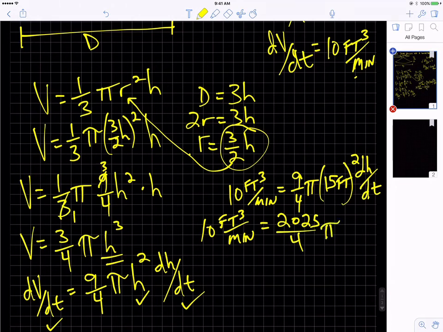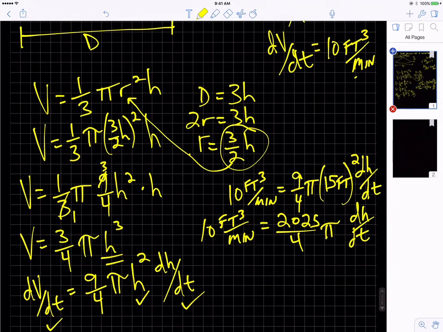Let's see if that reduces. I'm going to have my esteemed colleague, Zach Mangold, reduce that fraction for me while I finish this off. 2025 divided by 4. Can you reduce that? No.